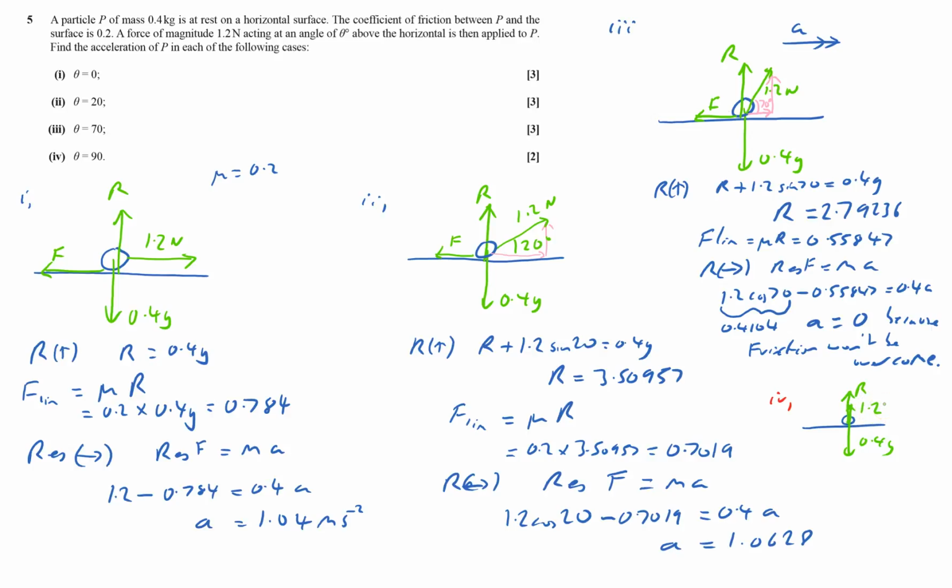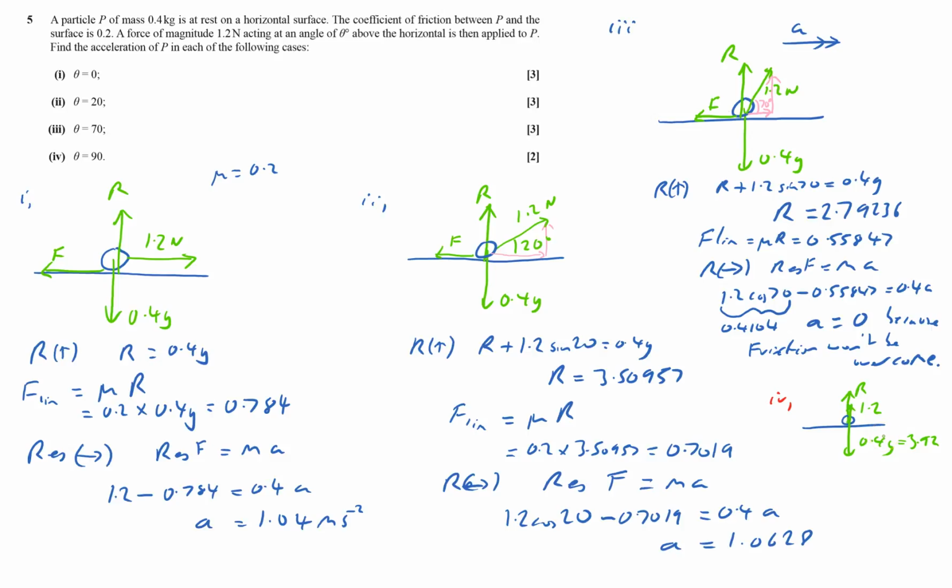Therefore, there's no friction because there are no forces going horizontally. I need to see if it might take off. So I just need to work out 0.4g, which equals 3.92.